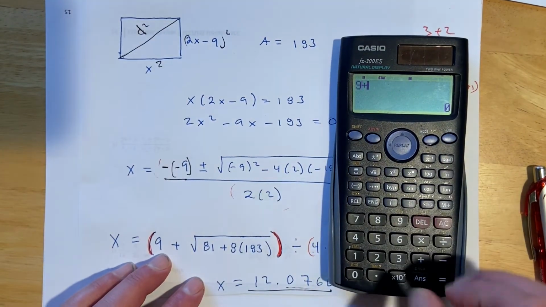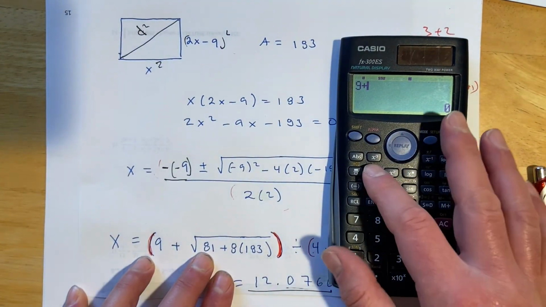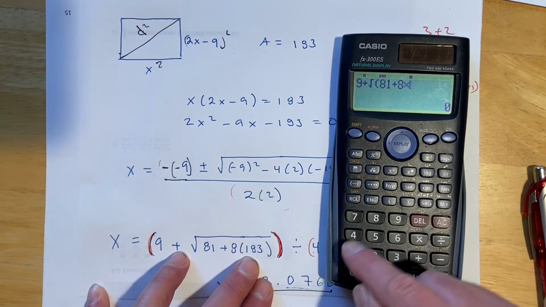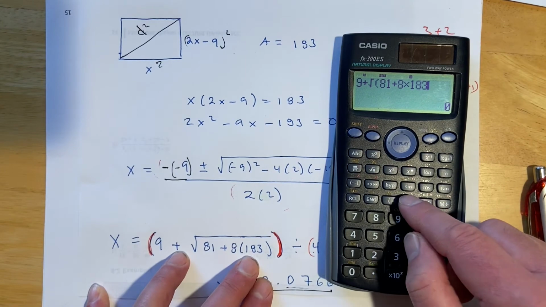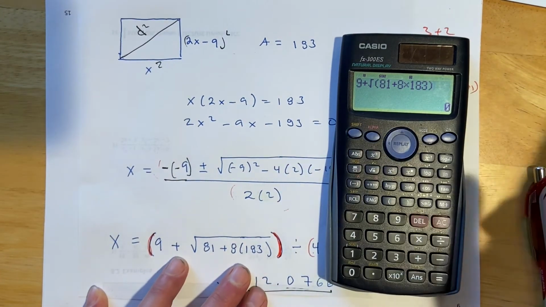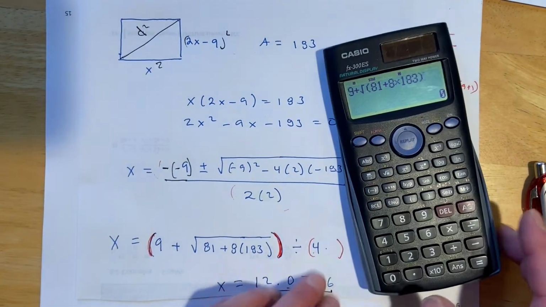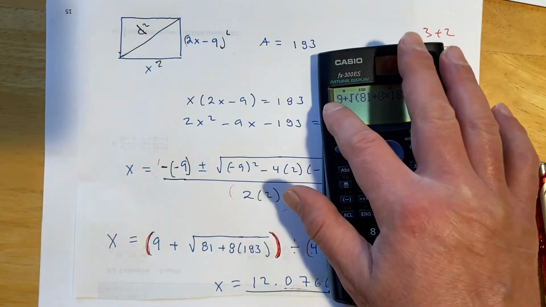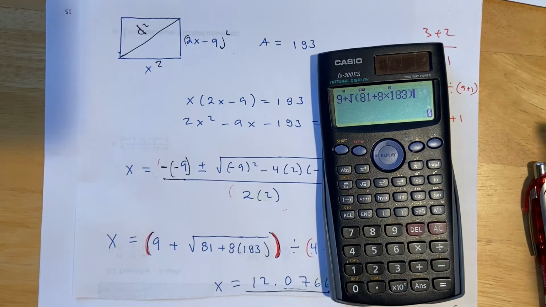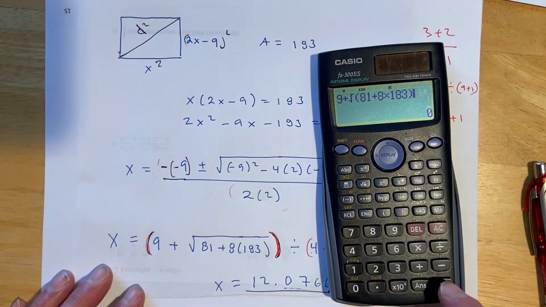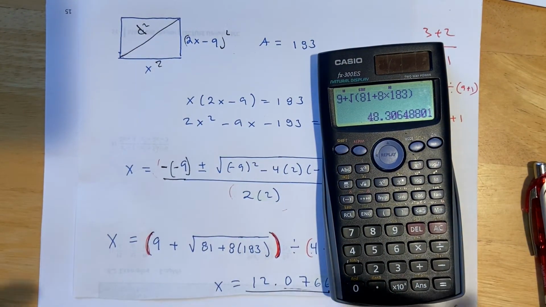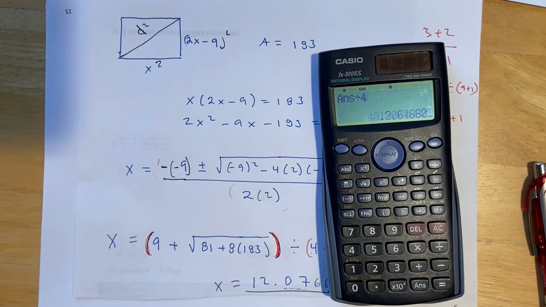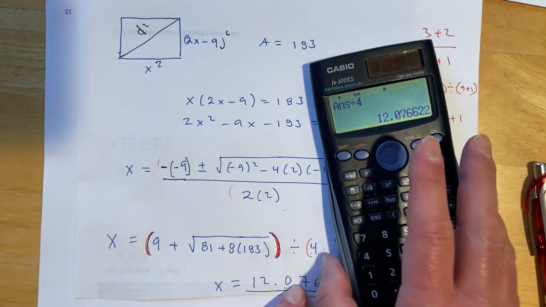So 9 plus, we got square root of 81 plus 8 times 183, and then close parentheses. Right now, if I divided by 4, I would only be dividing the root. I would be missing the 9. So either I'd have to go back and put parentheses around the whole thing, or I can just hit equals and have it total it up for me, which seems way easier, and then go divide by 4. And then there's my answer right there.